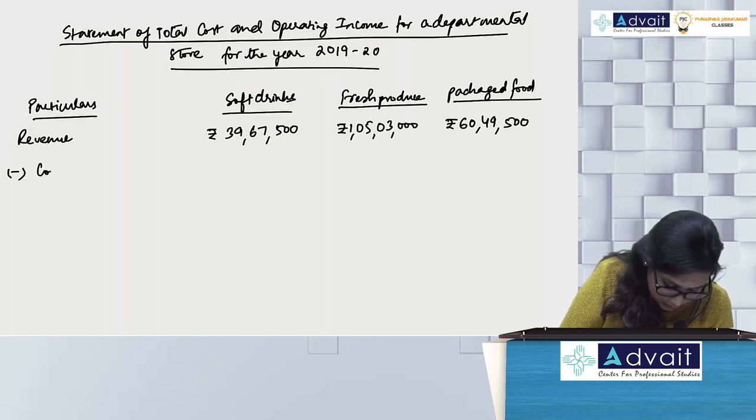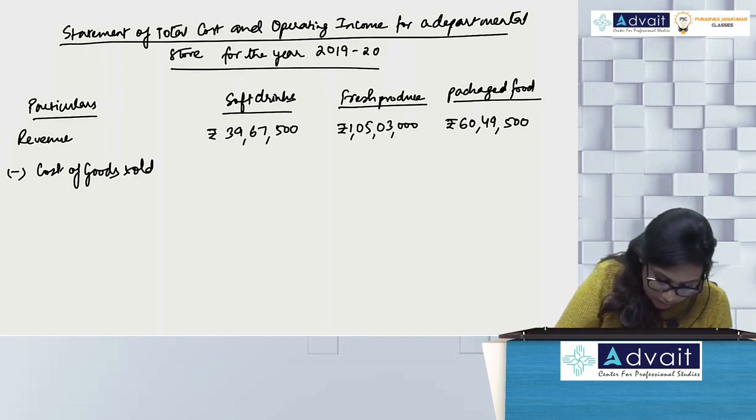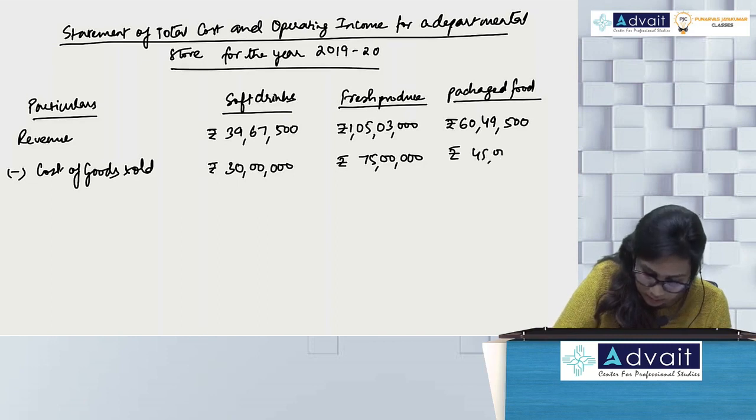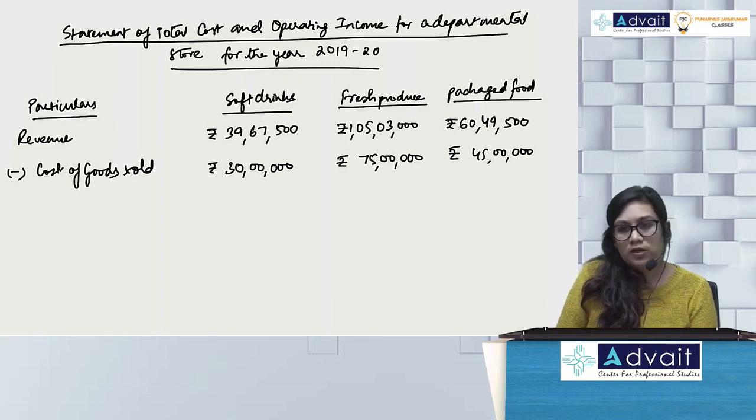Less cost of goods sold. This is also given. So 30 lakh, then 75 lakh, then 45 lakhs.